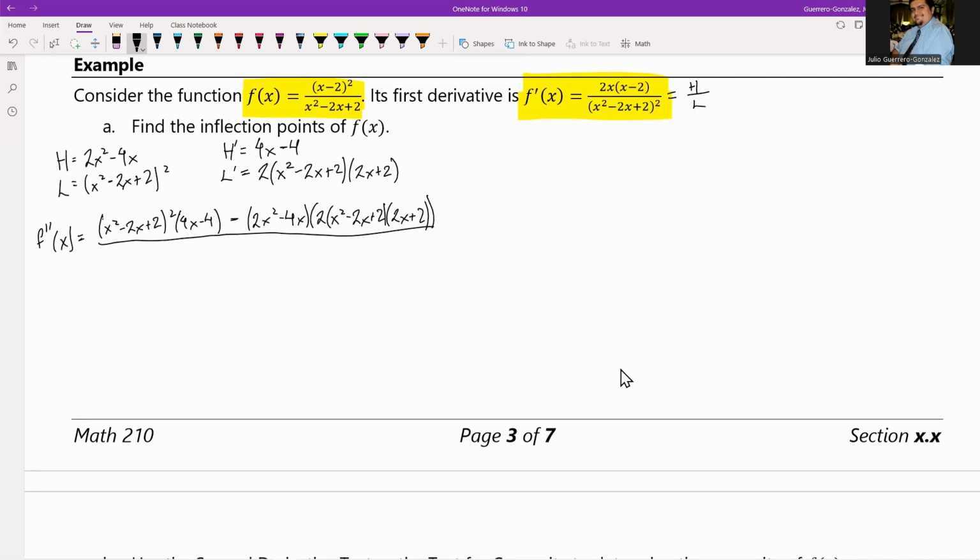So it's going to be x squared minus 2x plus 2 squared squared.